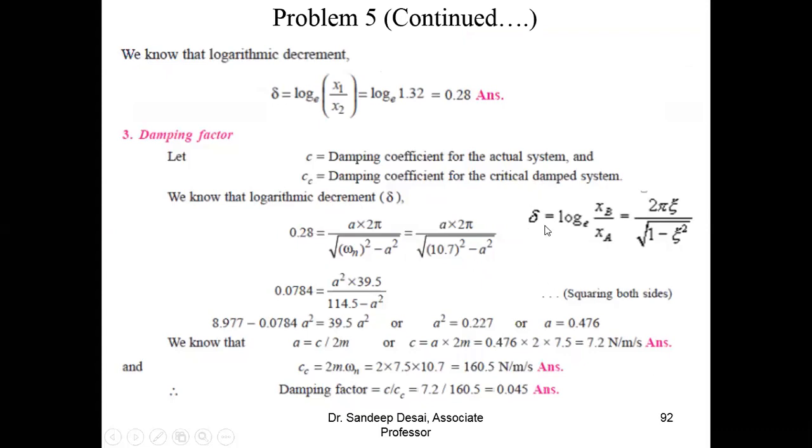Delta is known, 2 is constant, pi is constant, unknown is zeta. Solve it for zeta. You will see that you will get the answer for zeta. So this is how you can find out the damping factor. After solving this equation, you'll be able to get the answer for damping factor.